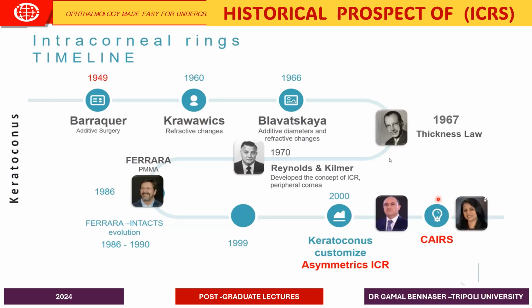And that's why the use of intracorneal rings is still valid and very effective in reshaping the cornea as an additive material. So this is briefly the timeline for the evolution of the intracorneal rings from 1949 up to now.